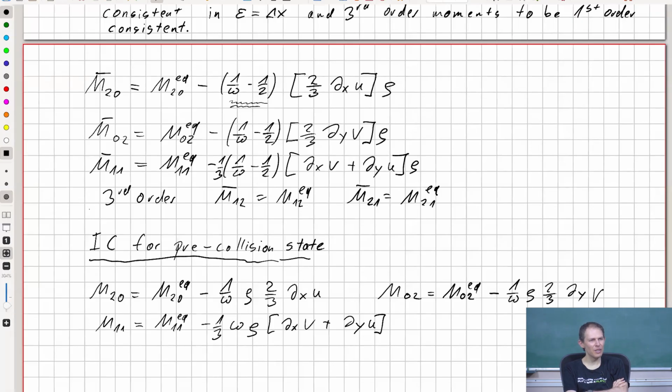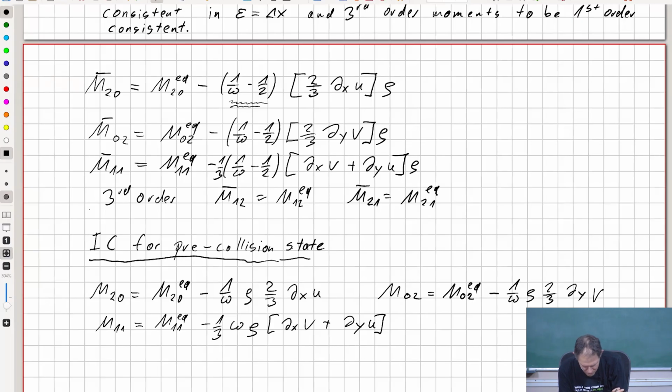You may use the microphone. Can we set left hand to equal to 0, left hand side? What's left hand? I mean, how do you want to set the left hand of what to 0? I mean, M20 or M11.